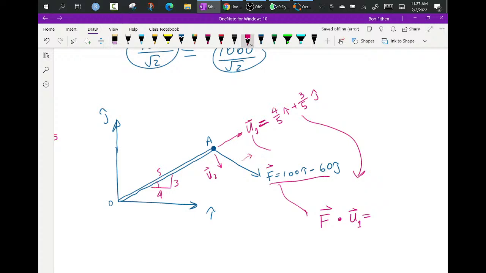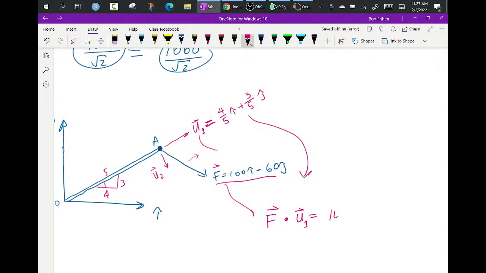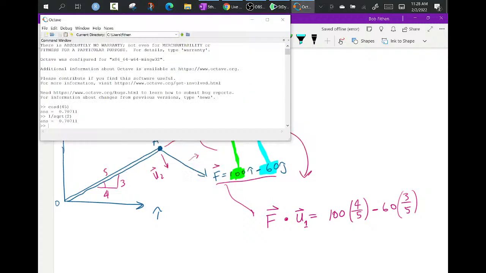You can tell there's a component pulling it that way. But you can just multiply this number times that number, and this number times that number, because that's what we found a minute or two ago. 100 times 4/5, and then it looks like I got a minus 60 times 3/5. Okay. Let's see if I can make my way.